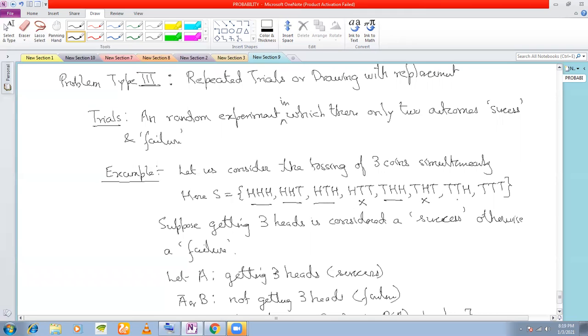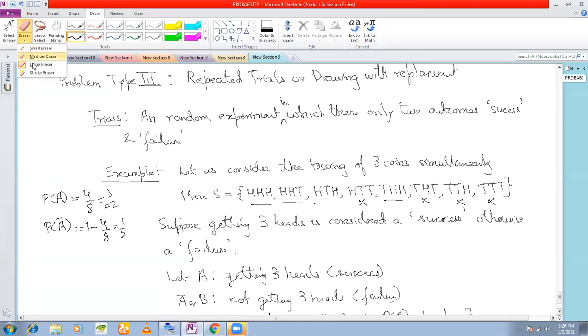This is a failure. This is also a failure. This is also a failure. So if I define this A as my event of success, getting two heads, then P(A) is 4/8. And then what is P(A bar)? That is the event of failure. It is 1 minus 4/8, which is half. This is also half, right?